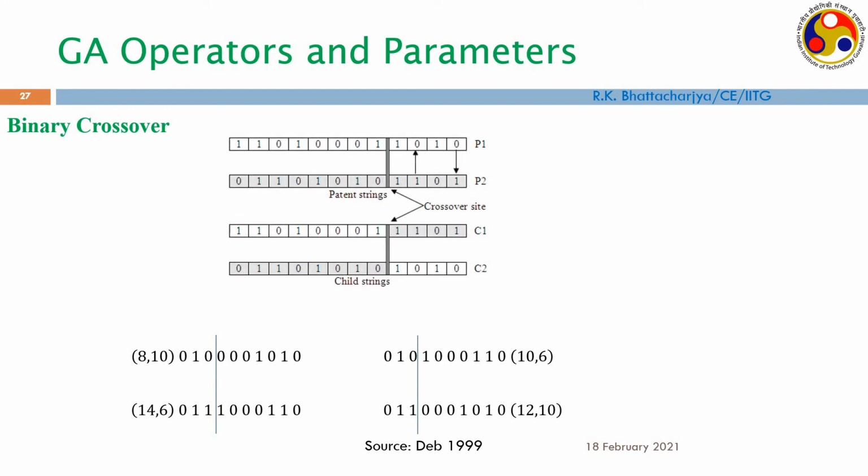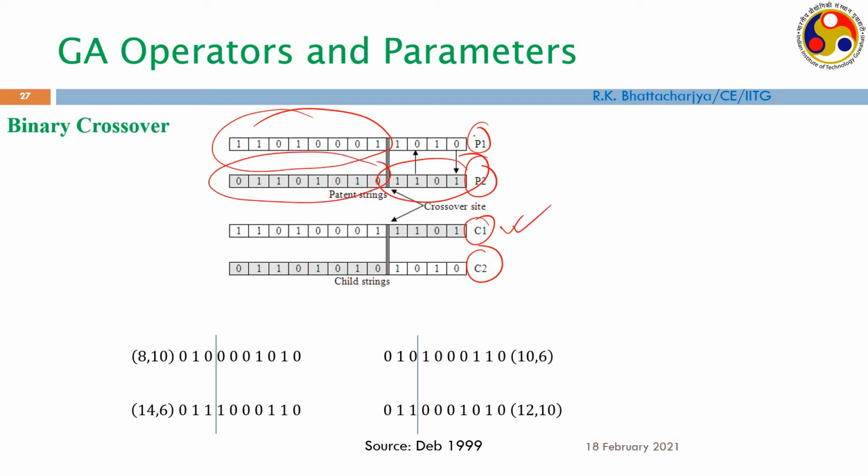This is again for the can problem. This is parent 1 and this is parent 2, and after crossover you get child 1 and child 2. One portion of parent 1 and the second portion of parent 2 give child 1, and the first portion of parent 2 and the second portion of parent 1 give child 2.